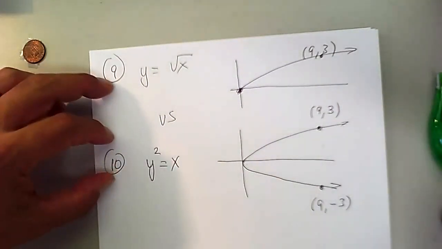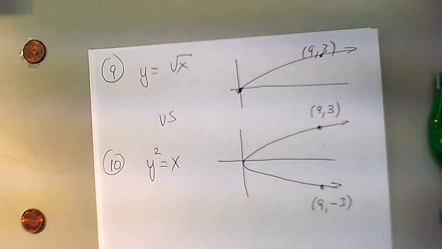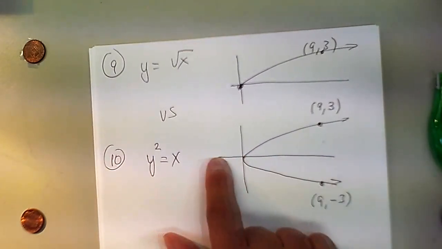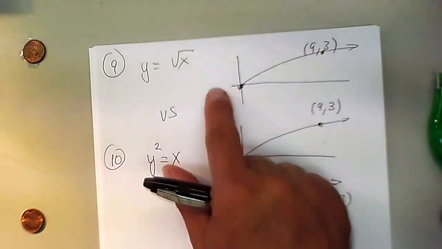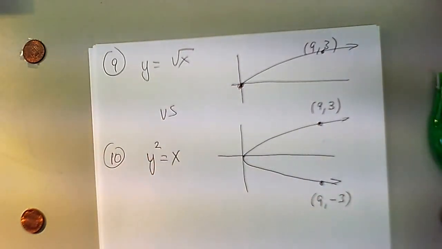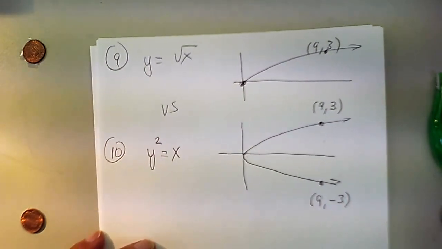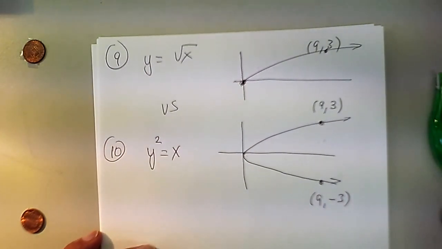So be aware of the two. This one has symmetry. The symmetry would be the horizontal line. This one has no symmetry. We will talk about symmetry in a different video. There's a lot to talk about when we are dealing with symmetry.